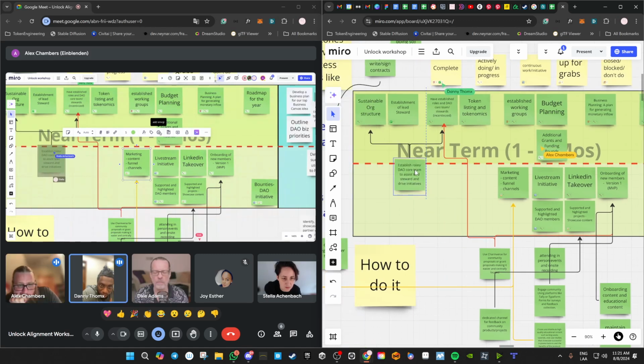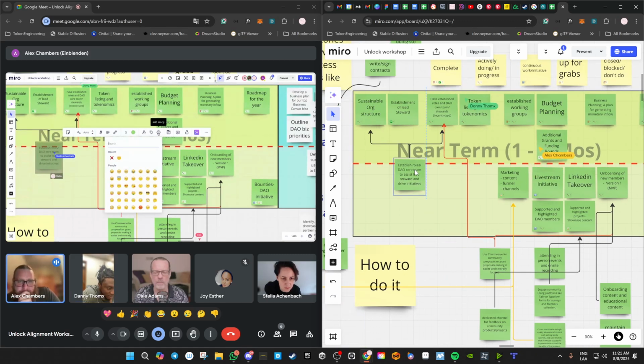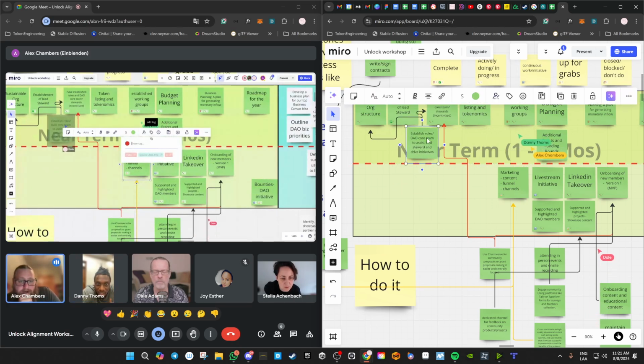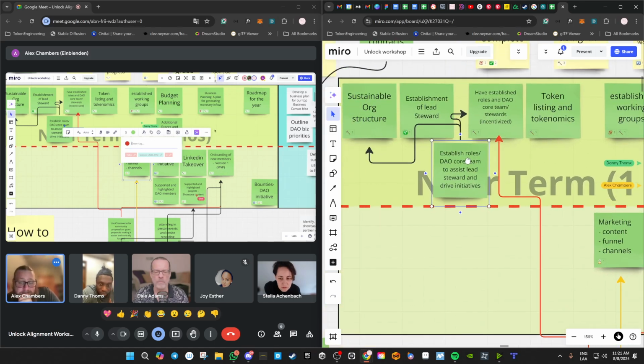Where? Are you looking at my screen? Okay. Yeah. And then if you want, you can actually tag and even assign things. Well, you can't assign things because you have to, but yeah, you can add tags and stuff.